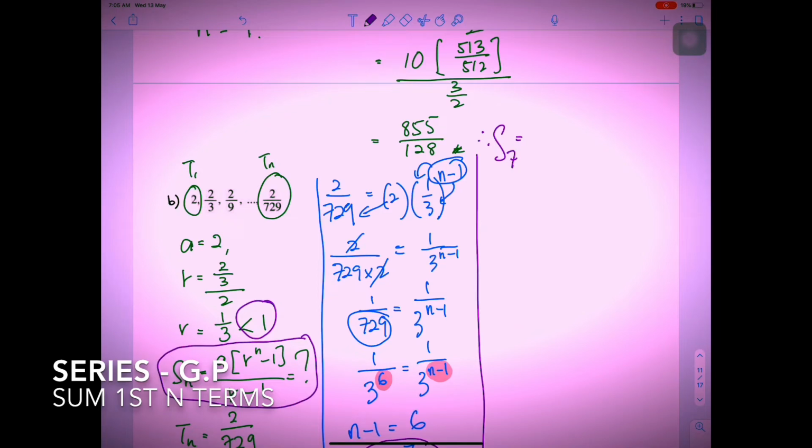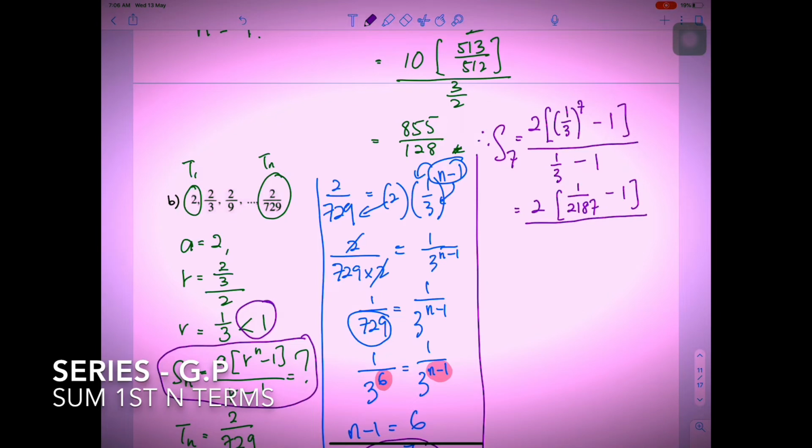So let's look. a equals 2, and then 1 over 3 to the power of 7 minus 1, over 1 over 3 minus 1. So 2 times 1 over 2187 minus 1, over negative 2 over 3.